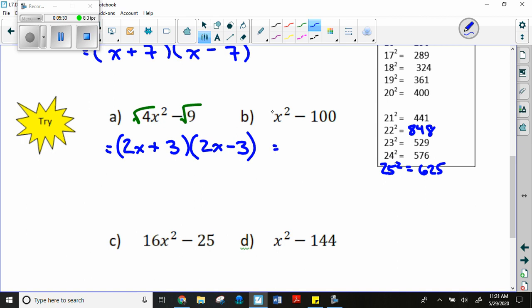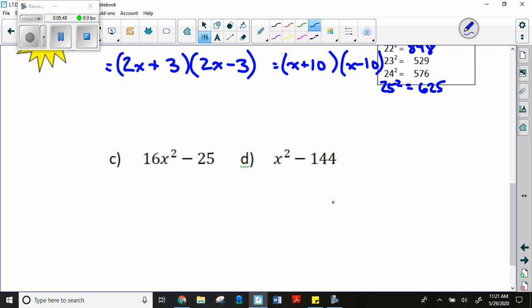This one's not as bad because we only have the number 1 in front, so we don't have to worry about it. Square root of 100 is 10, x plus 10, x minus 10. Square root of 16x squared, that's a 4x and a 4x.